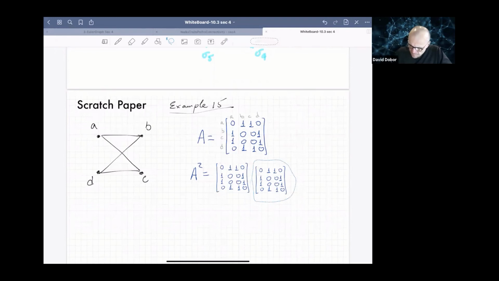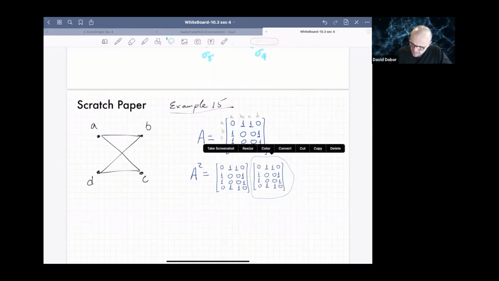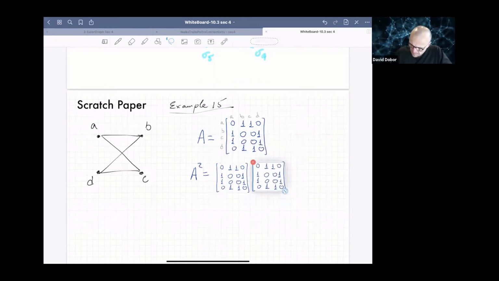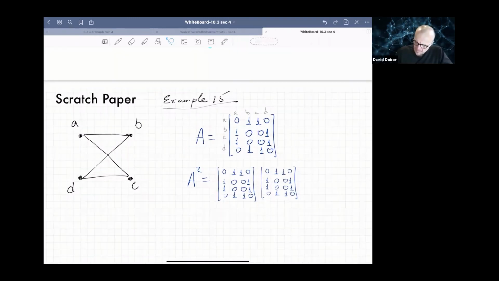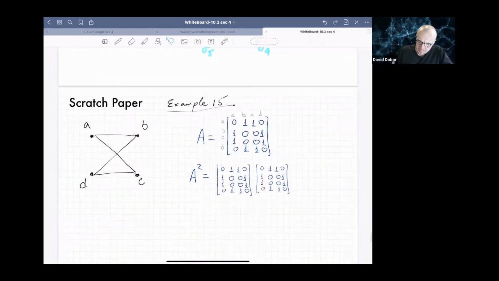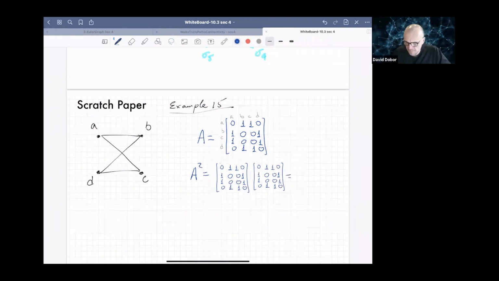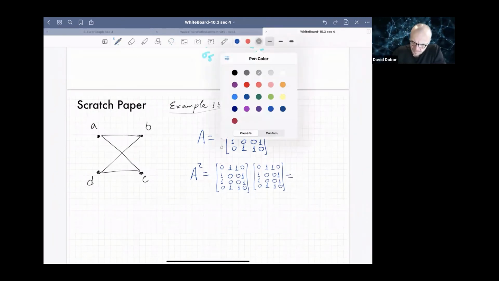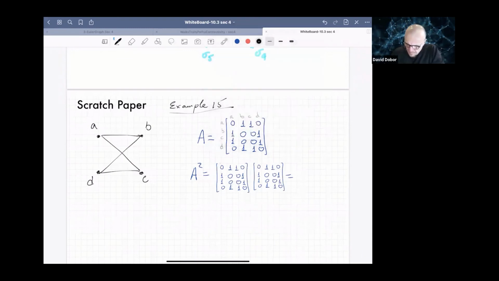This should take two seconds to compute, because you have a bunch of rows and a bunch of columns.